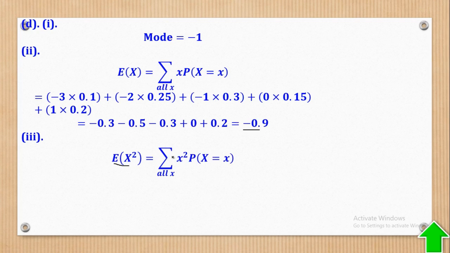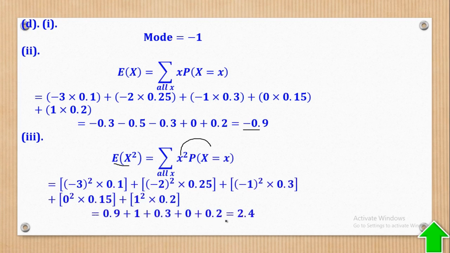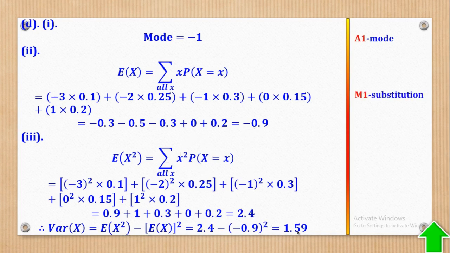So EX squared is equal to x squared multiplied by the corresponding probability. So those will be the values. Simplify and be able to come up with this. But this one is not the variance, it is just EX squared. So after getting EX squared, you will say that var x is equal to EX squared minus mean squared. So EX squared is that and mean is that, so I have to square the mean to come up with the output, which is 1.59. So that 1.59 will be the variance.